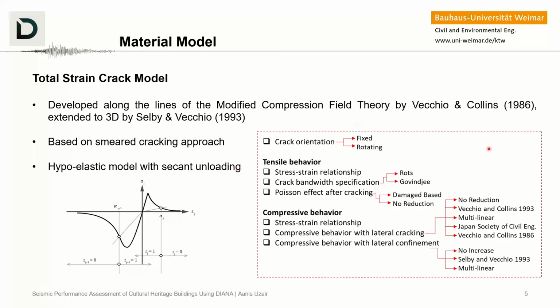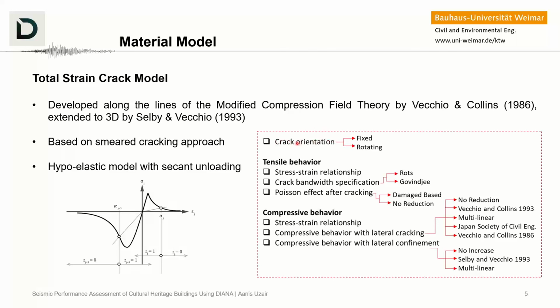There are many possibilities that you can choose from, for example, the ones that are marked here in the red box, and it sometimes becomes very difficult for a practicing engineer to determine which of these properties should be chosen in a practical scenario where you want to make a preliminary analysis just to understand how the structure behaves generally, without going into local mechanisms or local crack orientation, or into the details of how the cracks propagate from one point to the other.